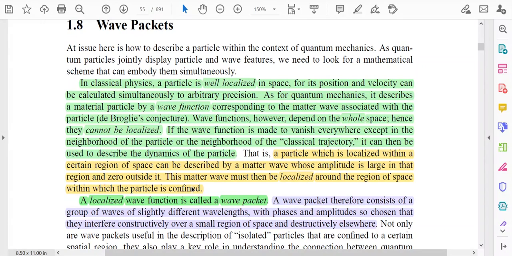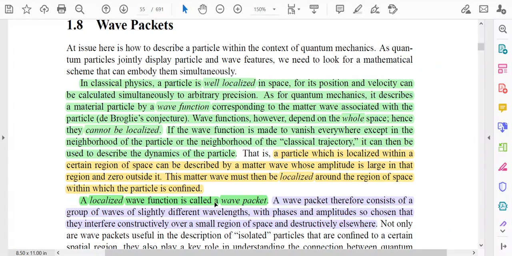This concept is very important. A localized wave function is called a wave packet. This is the concept of the wave packet. So what is a wave packet? A localized wave function is called a wave packet.